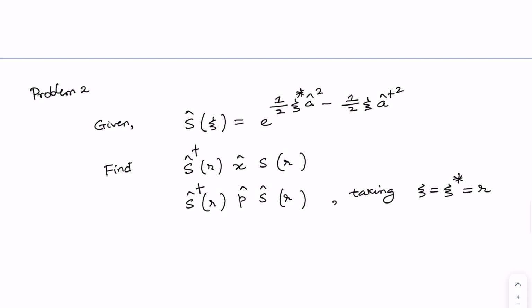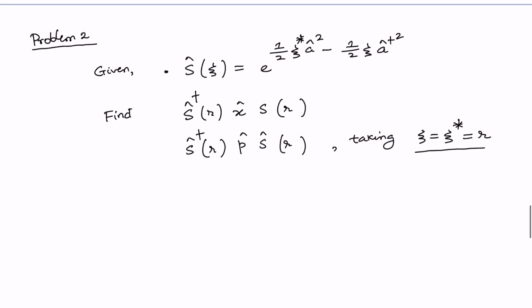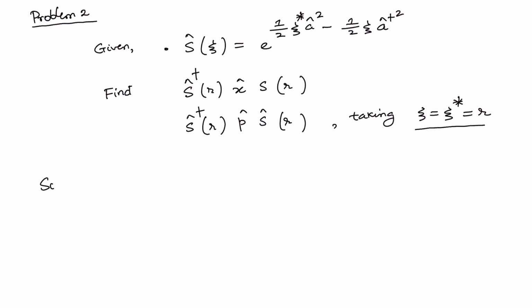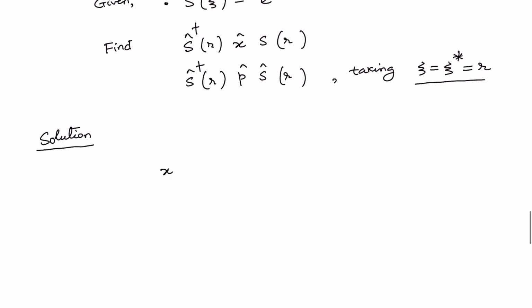You are given the squeezing operator in this form, and this you are already familiar with from the previous class. You are asked to find the position and the momentum operator because of this squeezing operation. Here you are asked to take the parameter xi as a real quantity, and to do that, let me use the form of the position and the momentum operator in terms of the creation and annihilation operator.